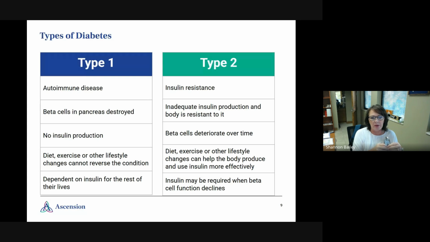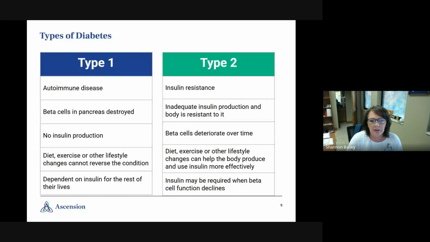For type 1 diabetes, it's the beta cells in the pancreas that produce insulin that are destroyed. So type 1 patients do not produce any insulin. Diet, exercise, and other lifestyle changes can't reverse or prevent the onset of type 1, and they're dependent on insulin for the rest of their lives, at least until there's a cure.